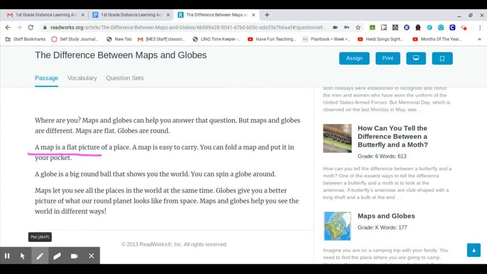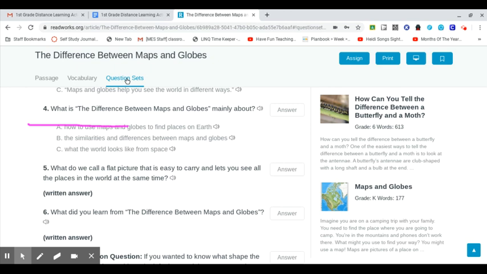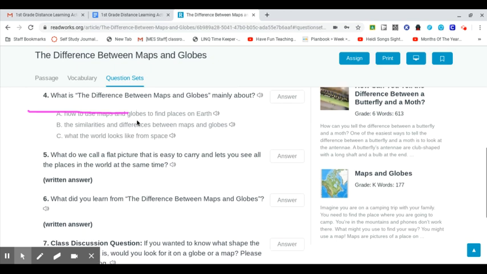A map is a flat picture of a place. A map is easy to carry. You can fold a map and put it in your pocket. So, your answer to that question, is it a map or a globe that is flat? It's a map.